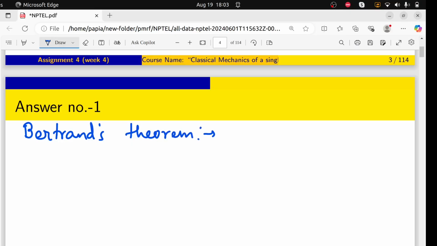The theorem is applicable for the central force field, but obviously not all central force fields. Only two types of central force field fall in this category.